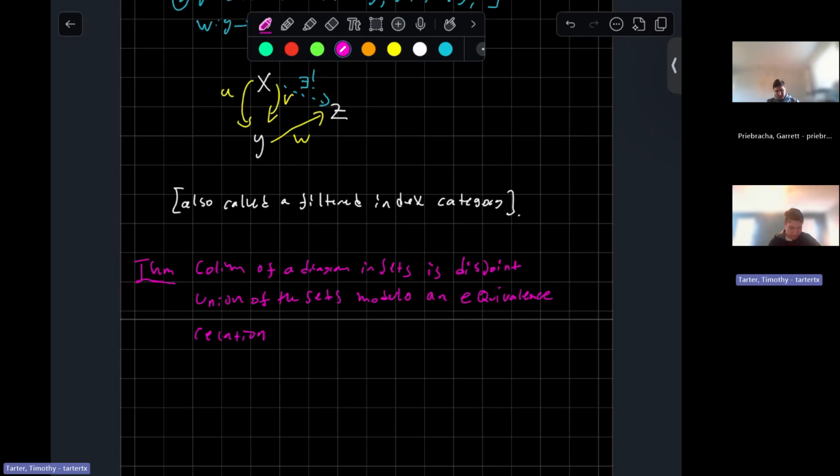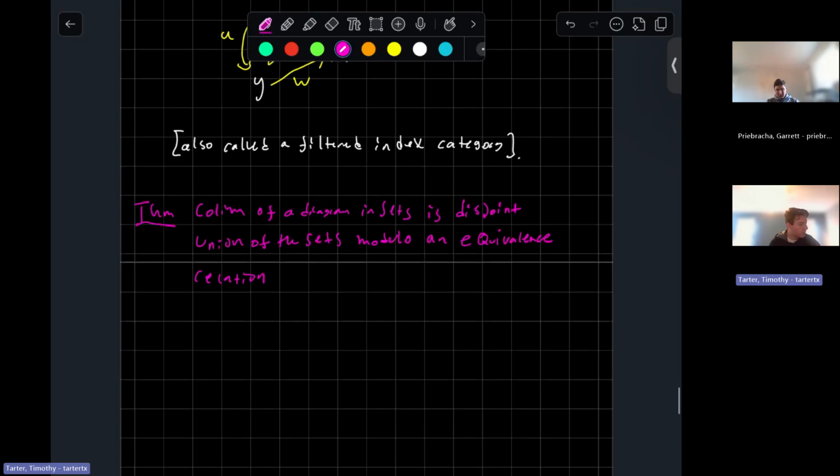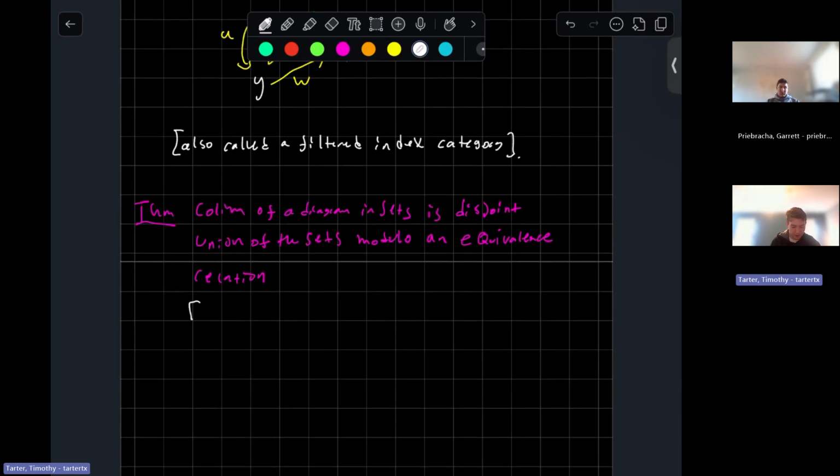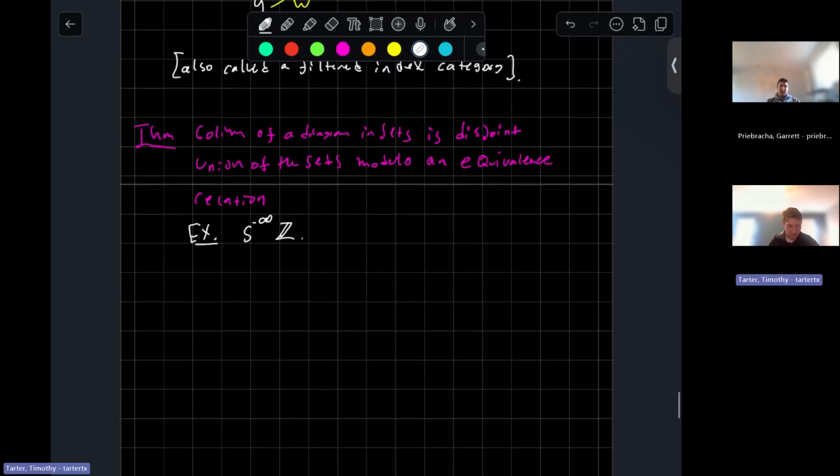As an example, you can look at 5 to the minus infinity Z as a motivating example. It is a good example of this if you treat it as a set, not as an abelian group.